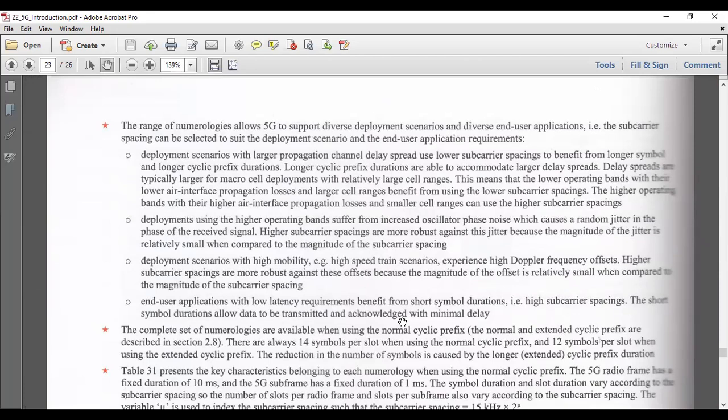So these four points are shown here. The first point is that the delay spread can match better, or the subcarrier spacing, however it is, you can match your environment better.